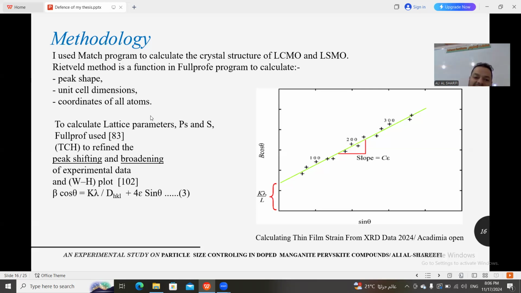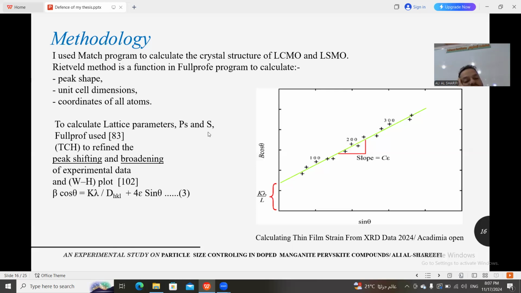To calculate lattice parameters, particle size, and strain, FullProf used two important functions. First one, Thompson-Cox-Hastings, to refine peak shifting and peak broadening.